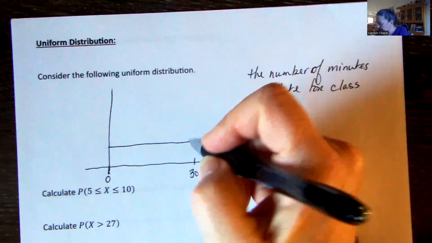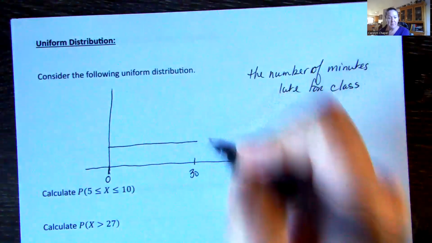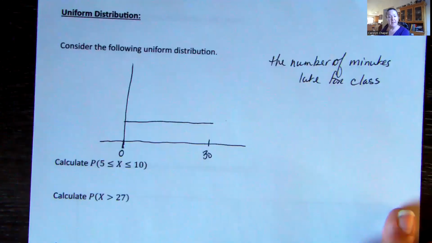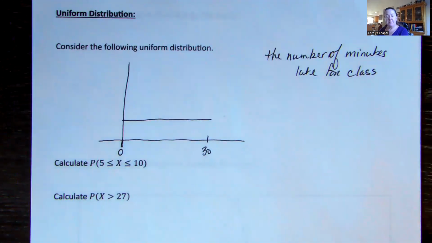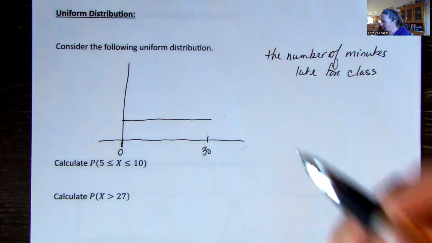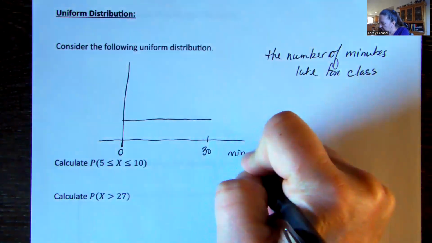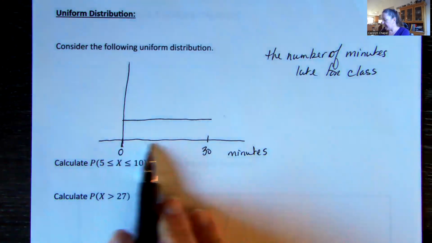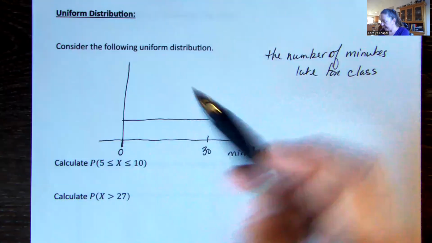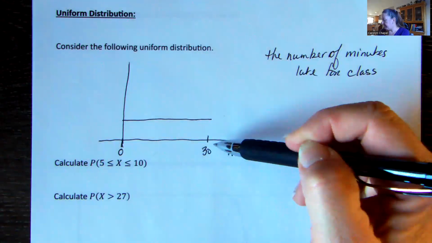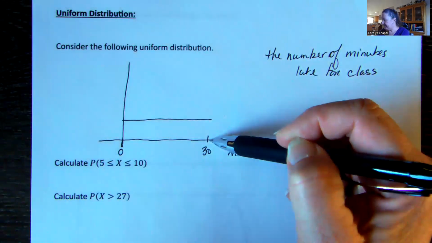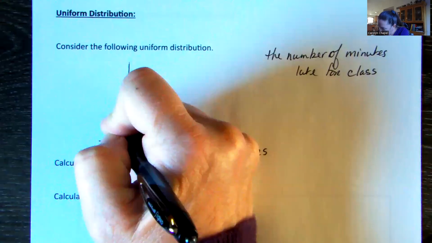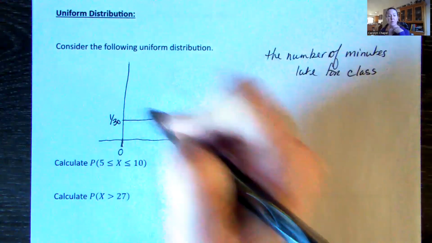So now this is a nice shape, even though my picture is not perfectly perpendicular. It has to equal 1 since it's going to be the rectangle, and an area of a rectangle is length times width, or base times height. My base is 30, so for me to get an area equal to 1, I know that this height has to be 1 over 30.